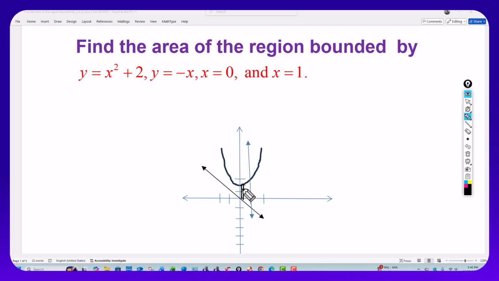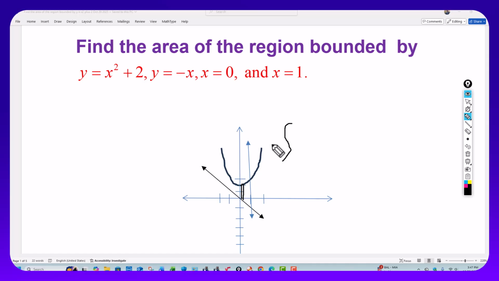The length would be this distance here from the line to the parabola, which is just the top curve minus the bottom curve. Using horizontal ones, it's the right minus the left. If it's a vertical rectangle, the width would be dx, so you're integrating with respect to x. And then we just need the height.